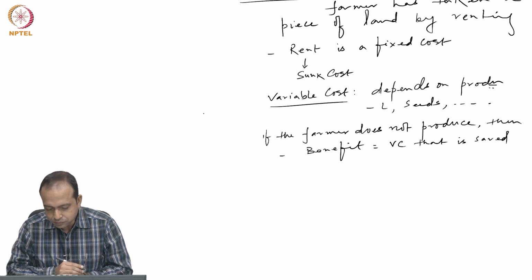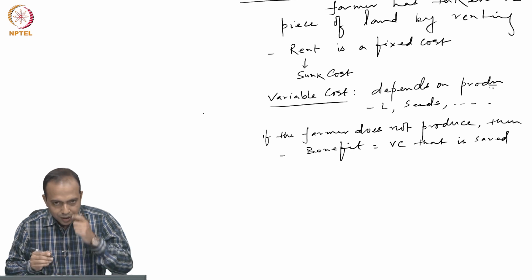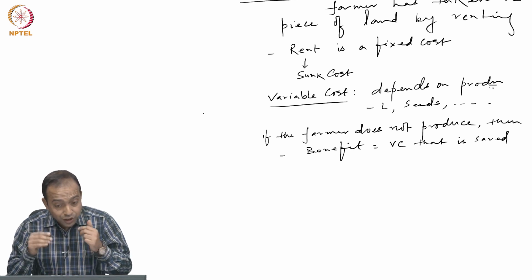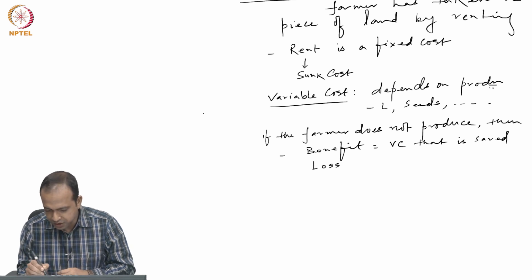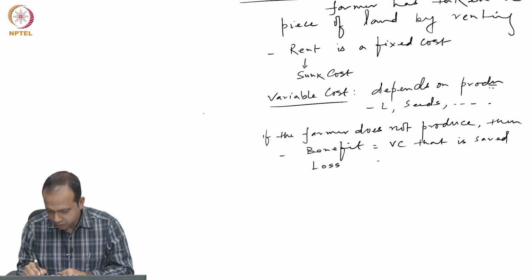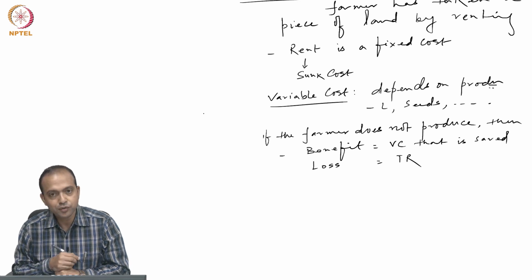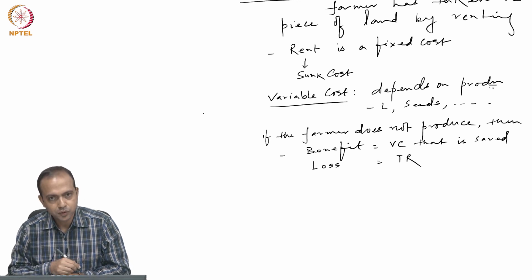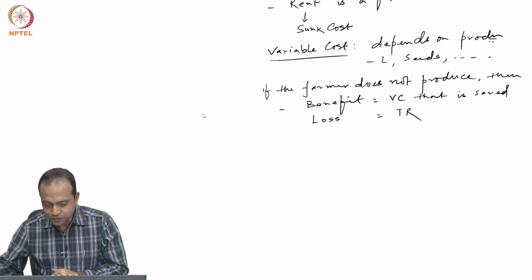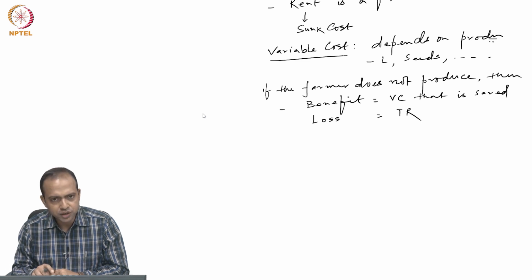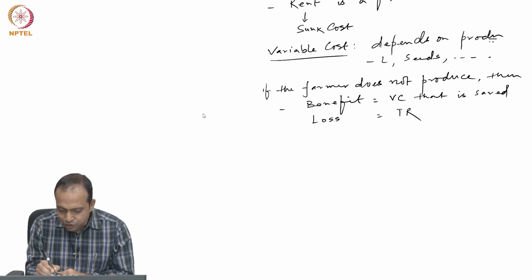Is that fine? And then what is the loss? Loss is basically the total revenue. All right. So, that means as long as this benefit is higher than the loss, then the farm will shut down. Okay. Then what is the shutdown condition?